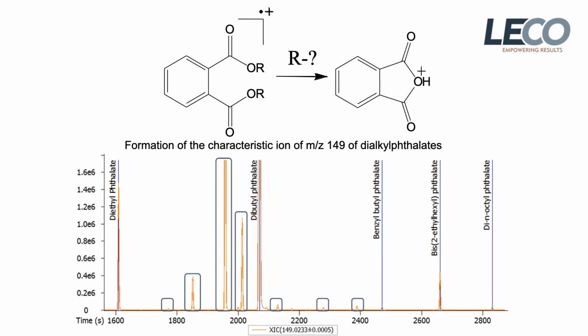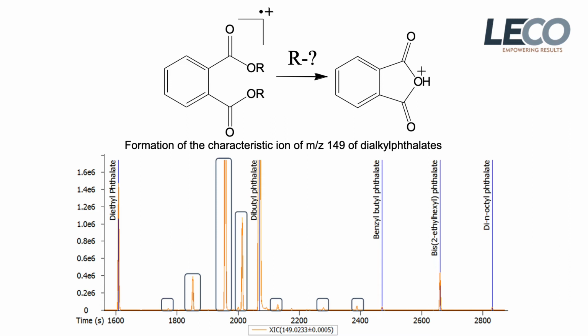And so when you would like to find all the phthalates in your sample, you just reconstruct mass chromatogram using the current of this ion, 149. Some of the phthalates are already in the list of priority pollutants in many countries, and you have the standards of those phthalates. However, you usually have more phthalate peaks than you have the phthalate standards.